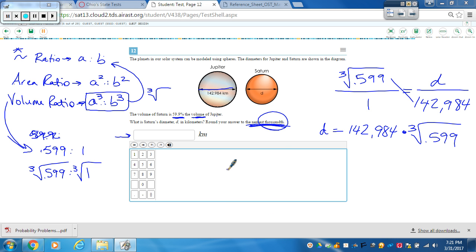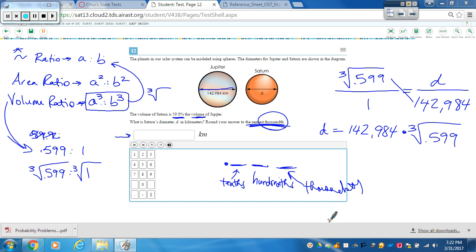Thousandths. If I go after my decimal point, the first one is the tenths. The next one is the hundredths. And then you have your thousandths place. So it's got to be 3 places after the decimal.